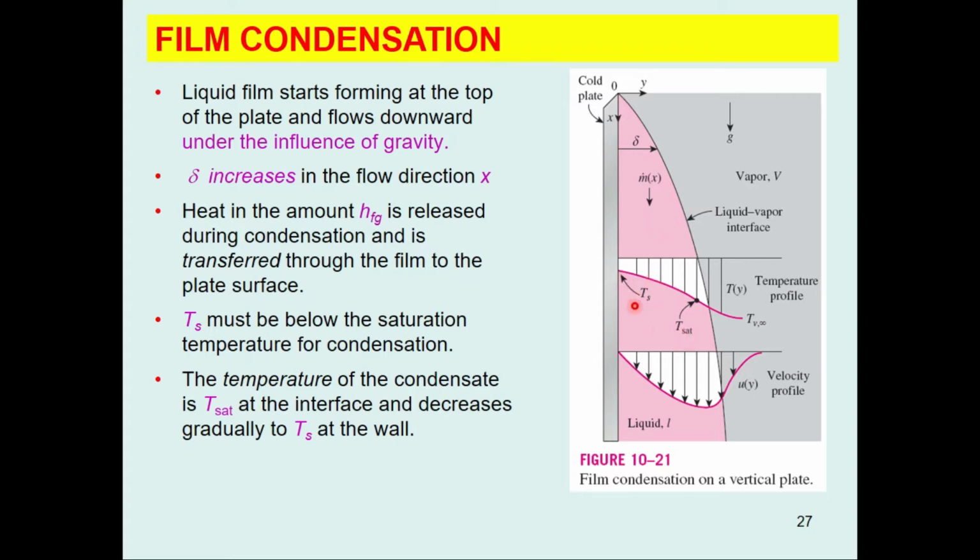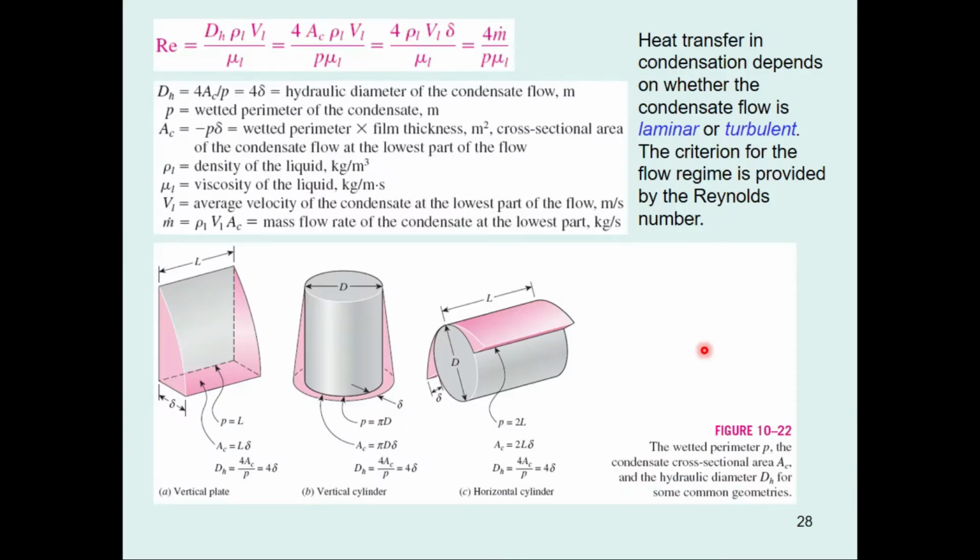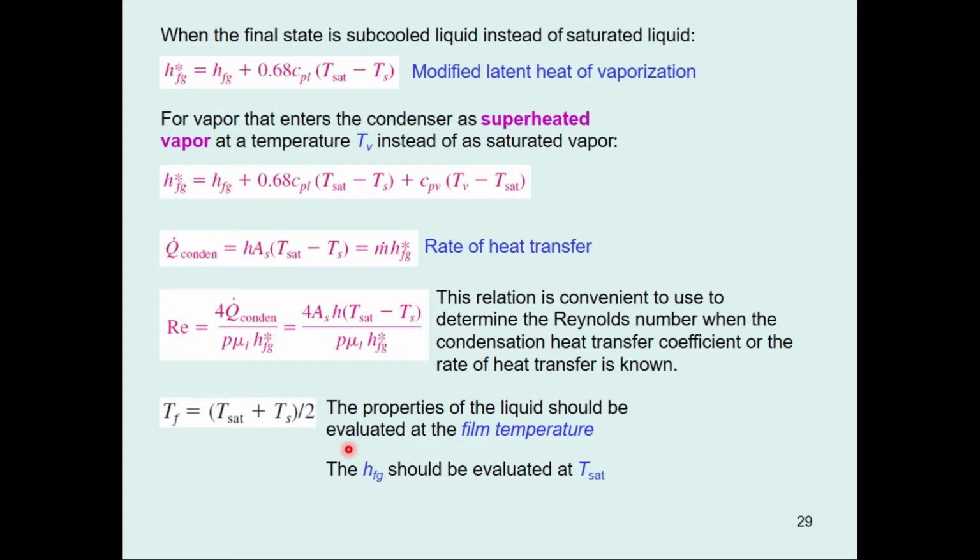We take the average of these two temperatures and divide by 2, and we determine the liquid properties of the condensate film at this Tf, which is the average of Tsat and the surface temperature. And we always know that the latent heat of vaporization should be evaluated at the given saturation temperature.